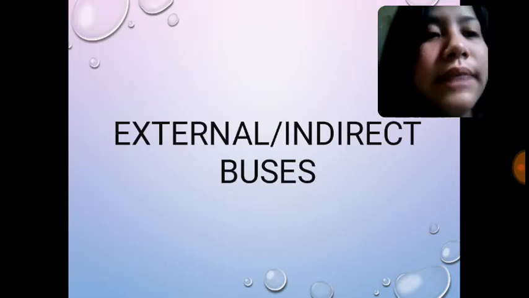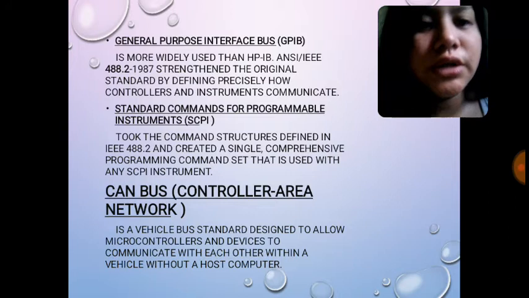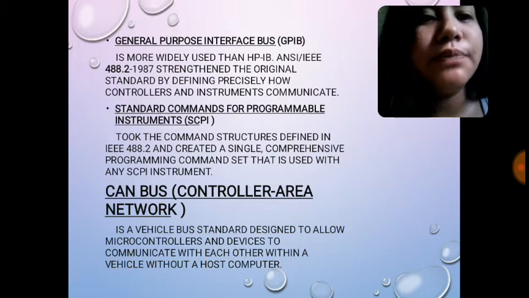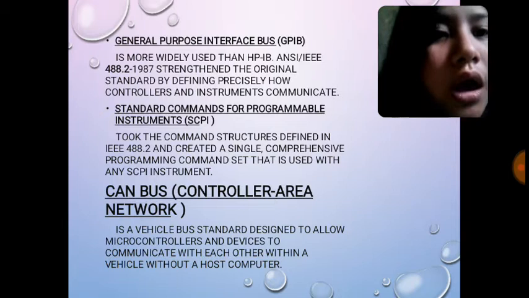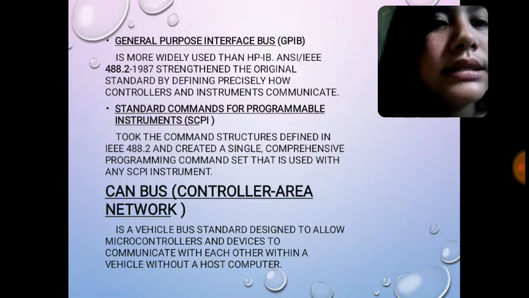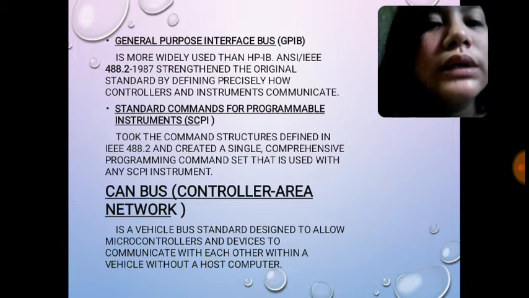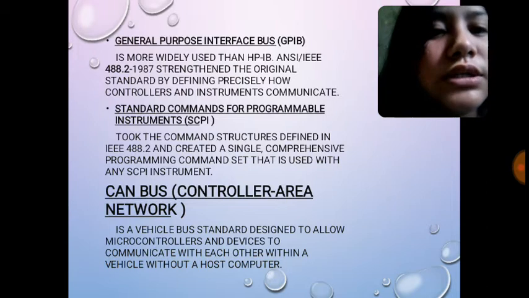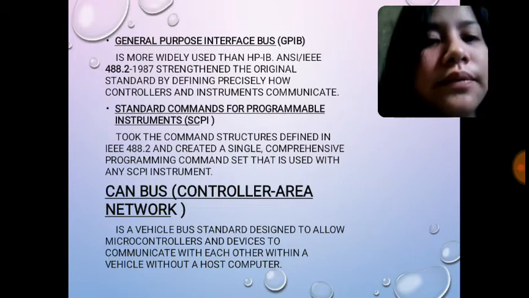External or indirect buses. General Purpose Interface Bus or GPIB is more widely used than HP-IB and IEEE 488.2. It strengthens the original standard by defining precisely how controllers and instruments communicate.